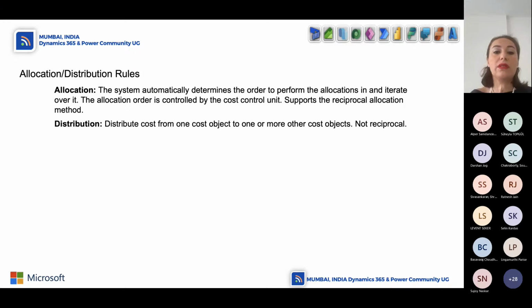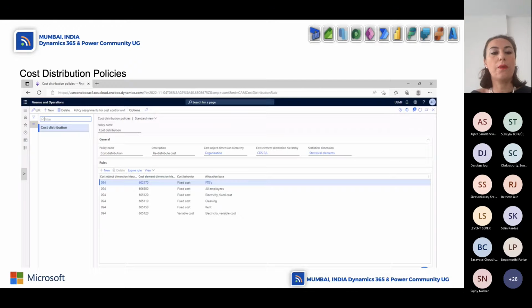And it supports the reciprocal allocation method. Distribution distributes cost from one cost object to one or more other cost objects, but it's not reciprocal. So this is very important to know.